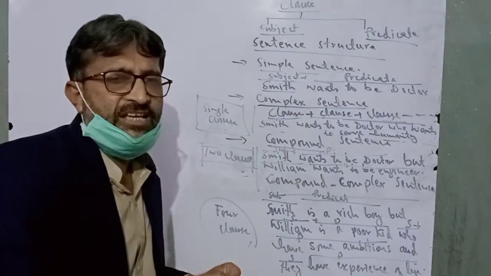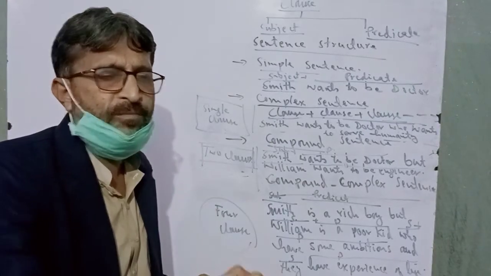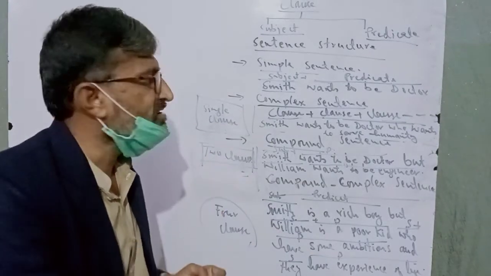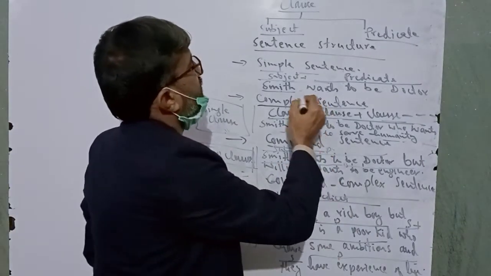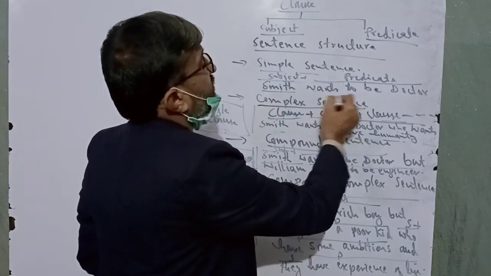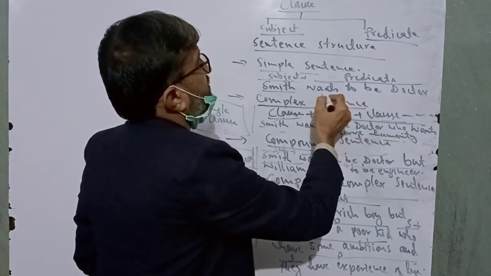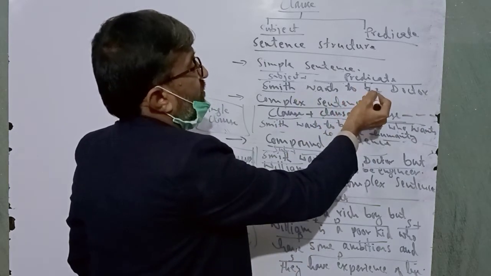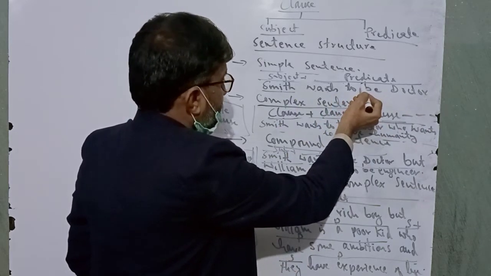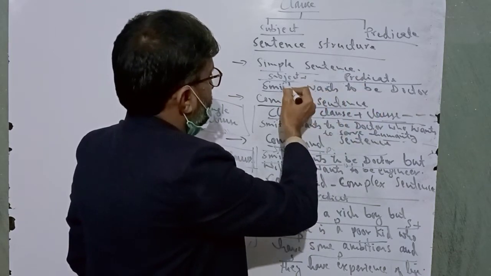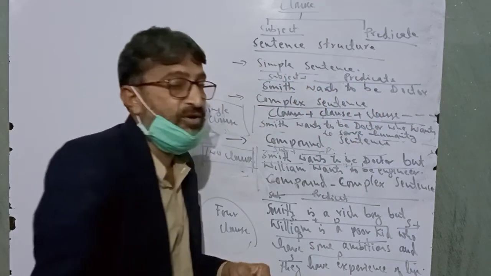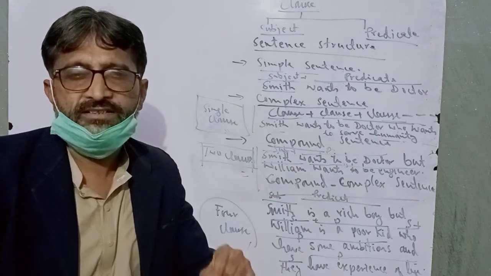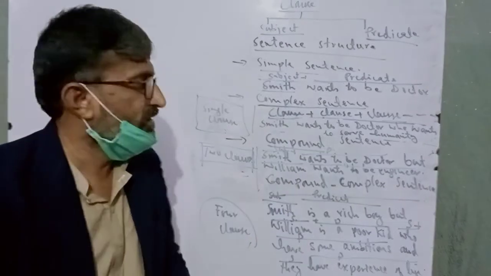It tells what is the aspiration, what is the hope, what is the desire of Smith, what he wants. Wants to be a doctor is the part that is called the predicate, and this predicate tells something about the subject, about Smith, what the aspiration of Smith is.